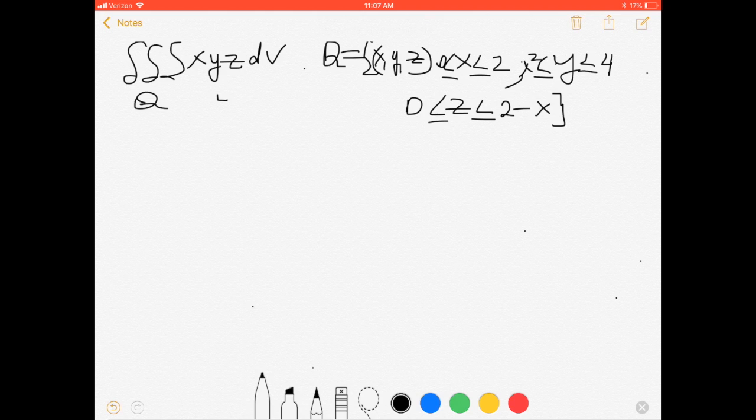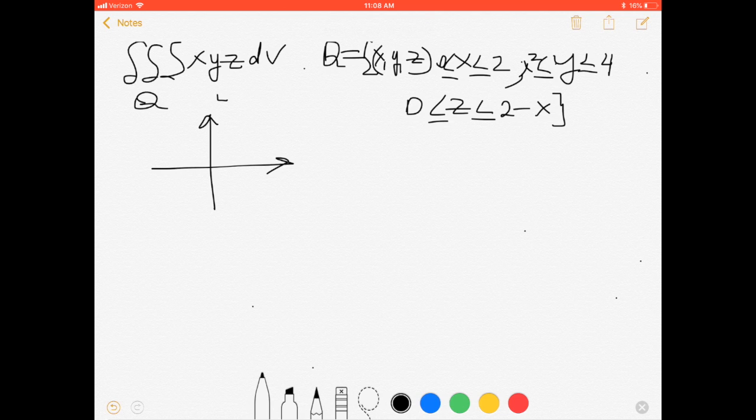For example, I want to change the order of x and y, and y will be the last one. This means for y I find number borders, and for x the function depends on y.